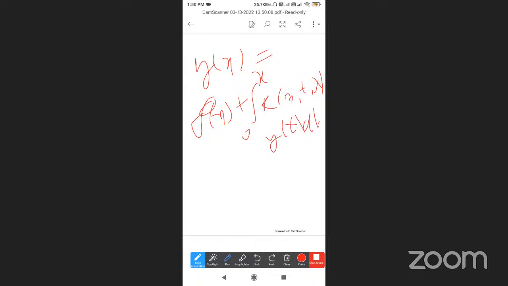Next, to find y of x. y of x is equal to f of x plus the integral from 0 to x of the resolvent kernel R of x comma t comma lambda into f of t dt.